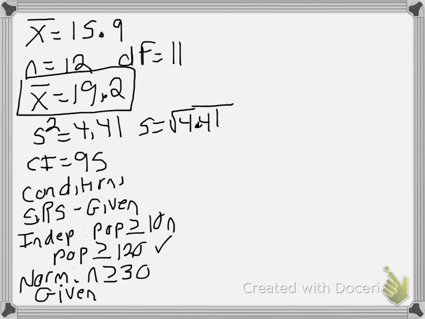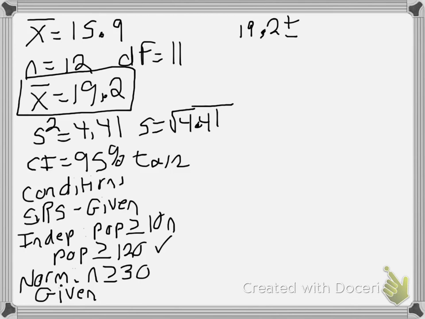Okay, so what do we do? We've got our x bar. Which x bar are we going to use? We're going to use the 19.2 plus or minus, what's t of alpha over 2? Well, let's figure it out. What two things do I need? I need our confidence level, which is 95%, and I need 11 degrees of freedom.